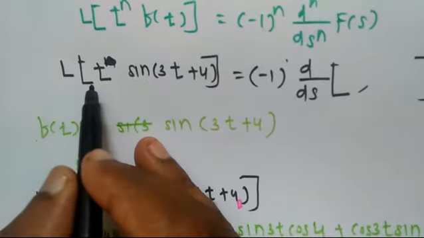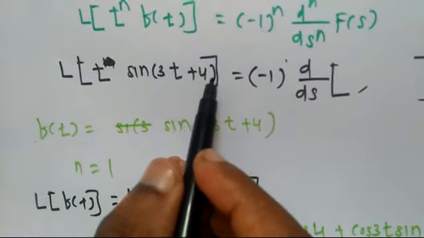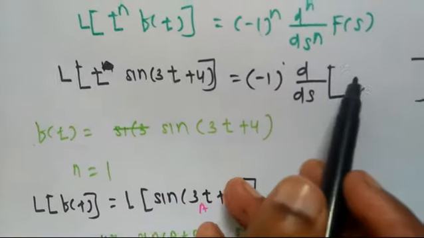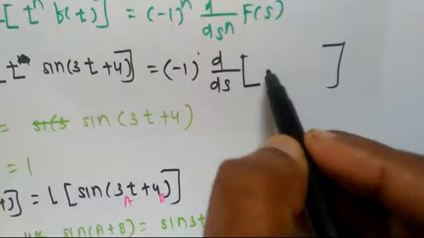So see here, I am writing this step: Laplace transform of t into sine 3t plus 4 is equal to minus 1 d by ds of this f of s.